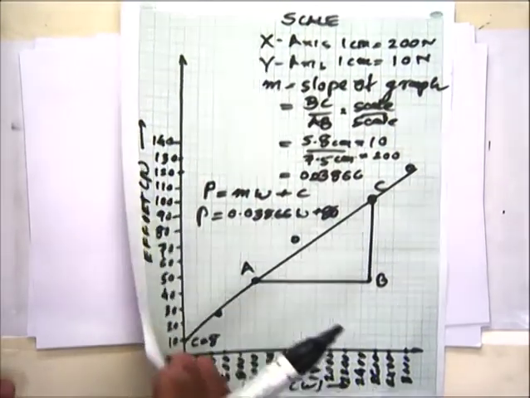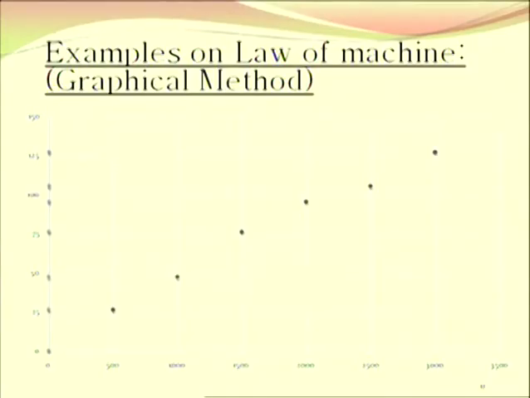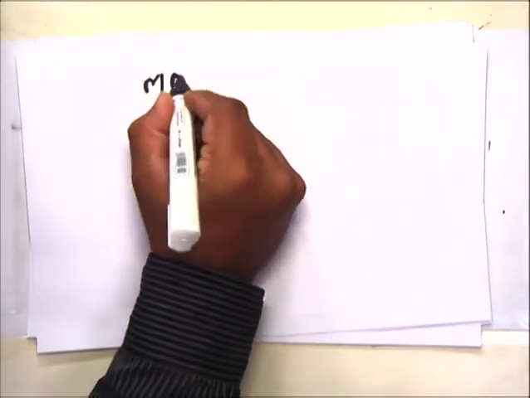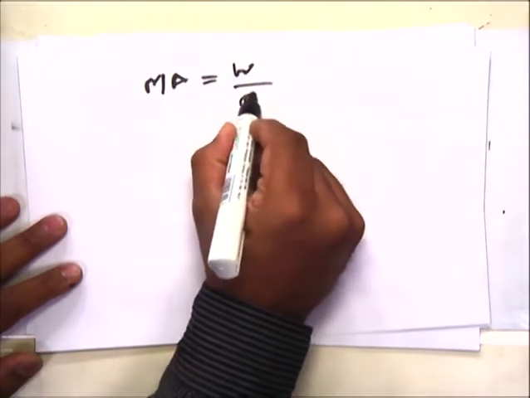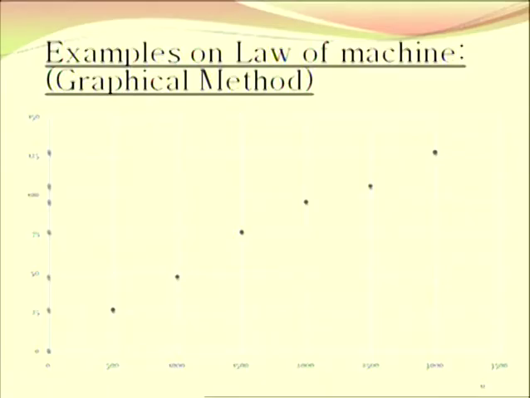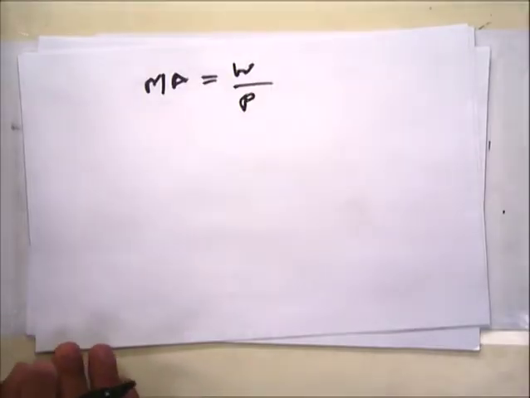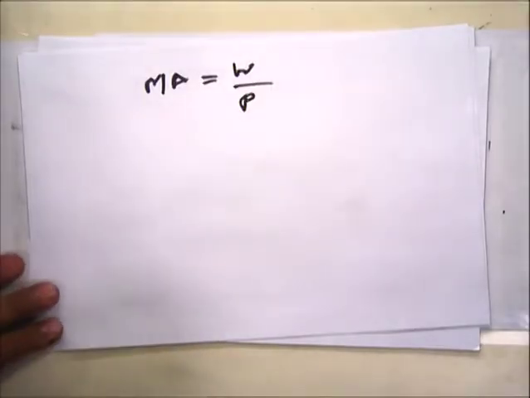Now the remaining calculation, for example, that is efficiency. Now for that purpose we can say MA is equal to W by P. Putting value, we have to take any point, say 2000 on a graph, that point I am taking.